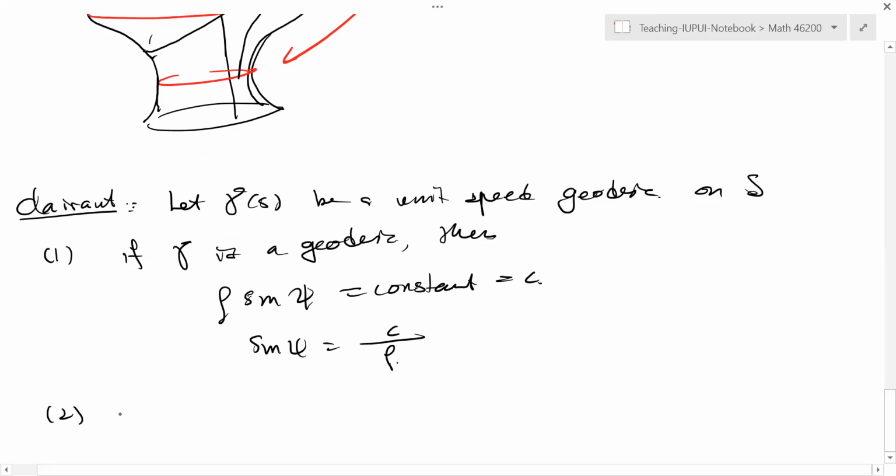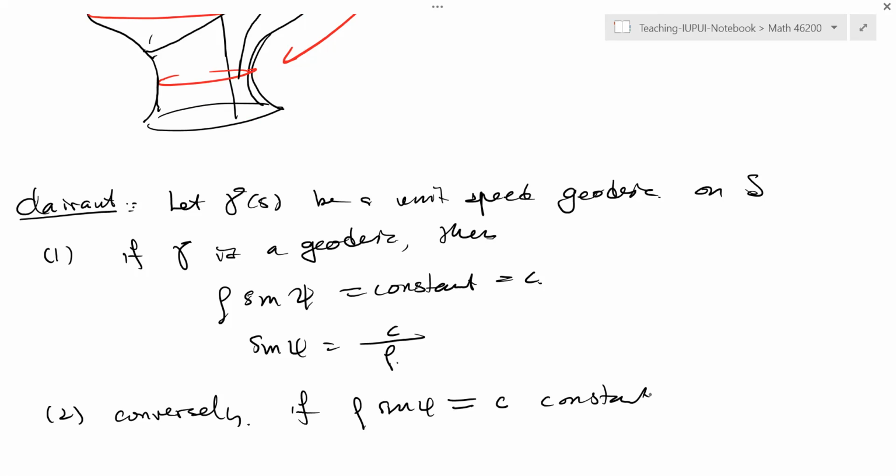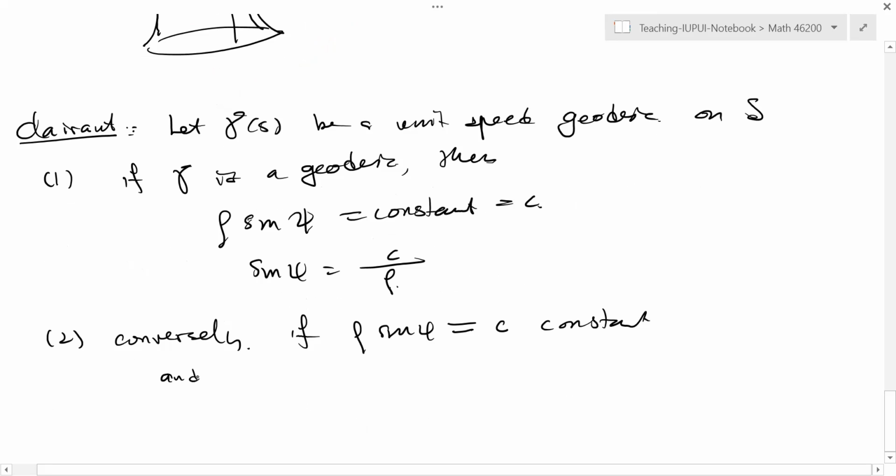Conversely, if rho sine phi is a constant, and here's a condition, no part of gamma is part of some parallel, then gamma is a geodesic.